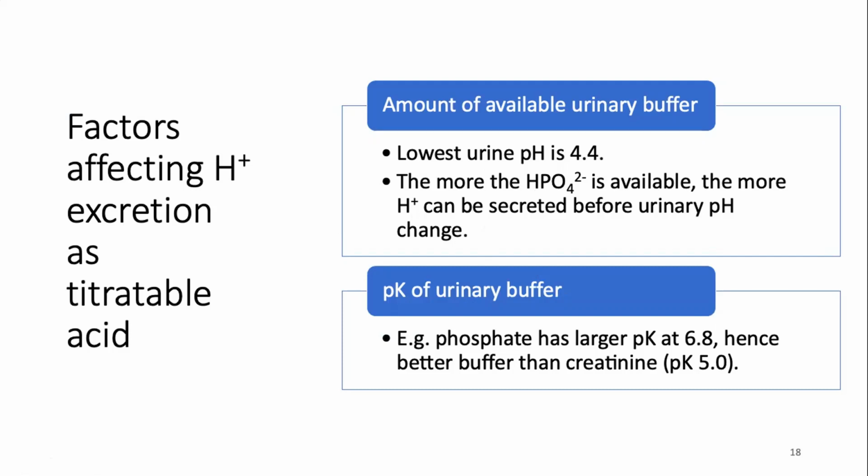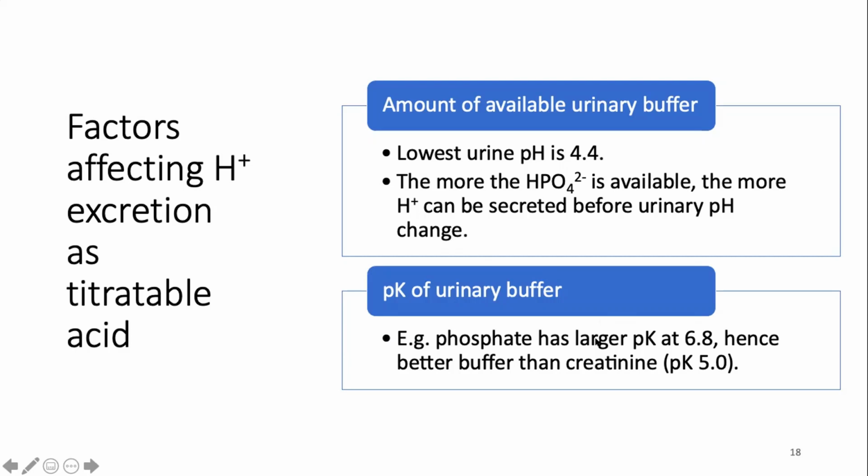But in my lecture today, I focus on only the inorganic phosphate. Why? Because inorganic phosphate is a much more effective urinary buffer because it has a larger pK compared to the other urinary buffers, for example, creatinine. If I have time, I will talk more about the pK after this.